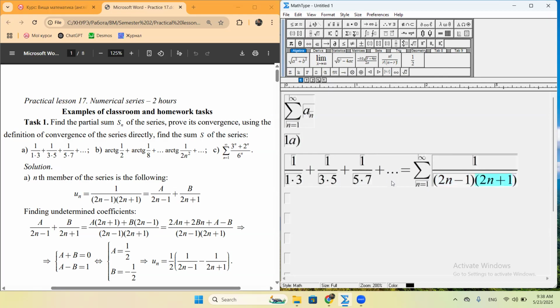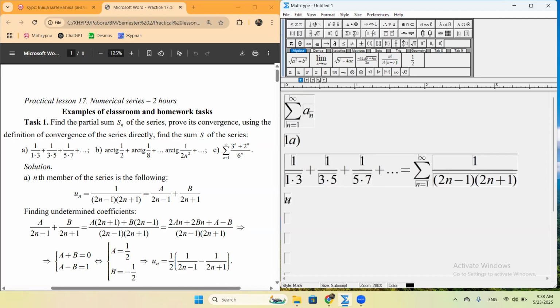So these numbers are odd, and we can see that they are really odd. And 2n minus 1 is less than 2n plus 1 by 2. And actually the nth term of the series is the following.